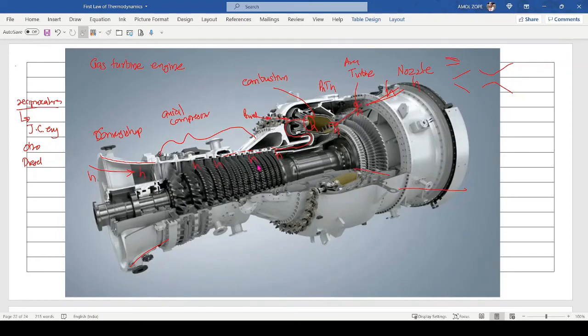And all these mechanical devices, all these mechanisms, are the means to convert one form of energy to another form of energy. And thus we say that we have made an engine. Okay, so this is another part, a design part.